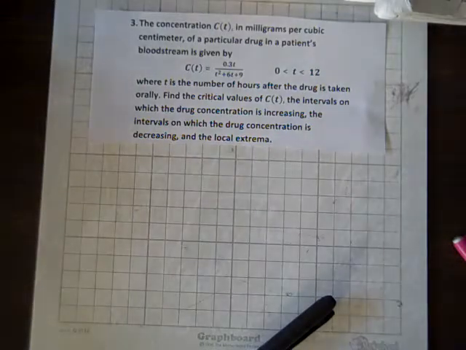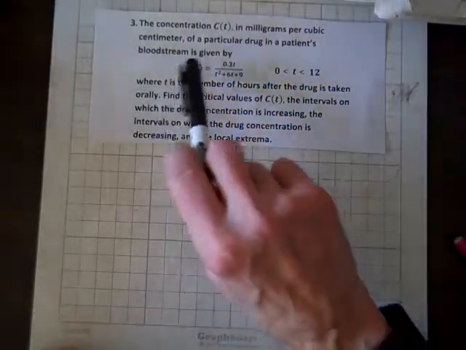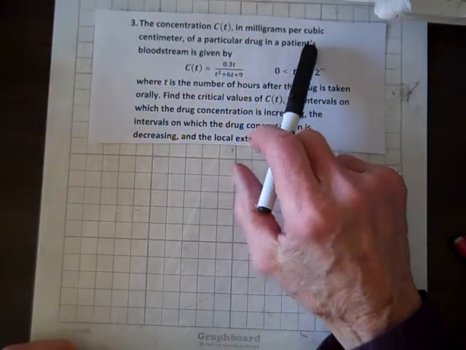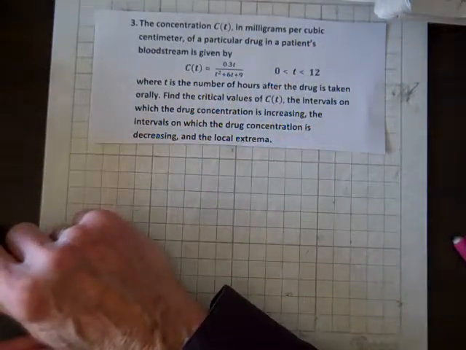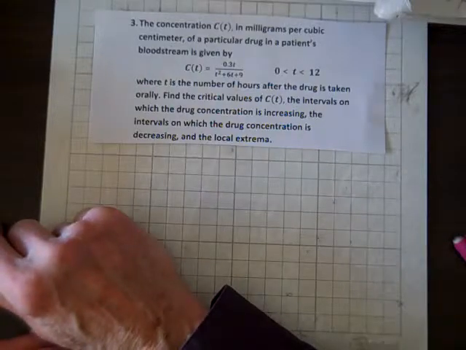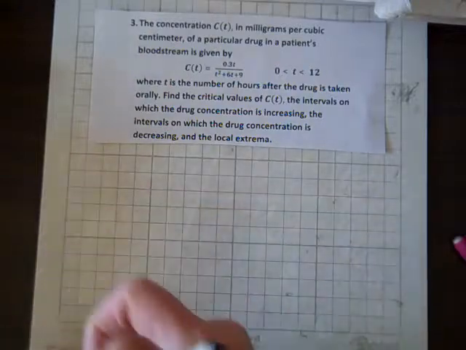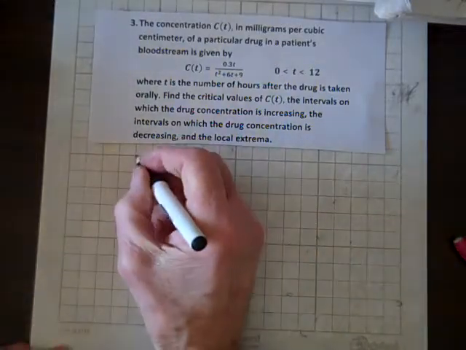Okay, now we're given question 3, and the concentration C of t in milligrams per cubic centimeter of a particular drug in a patient's bloodstream is given by this equation. C of t equals, maybe I better write that out so you can see it.